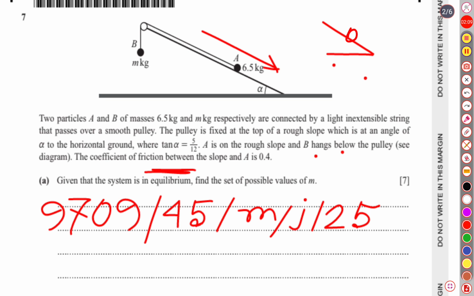Suppose here the particle is over here. So what are the possible cases? The particle, if it is just released, will naturally slide down the plane. So this is one of the cases. But if you apply an external force, then it could move up the plane.